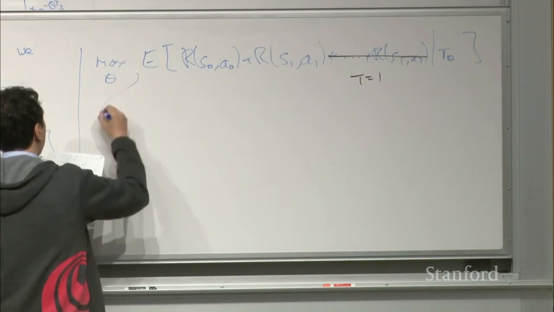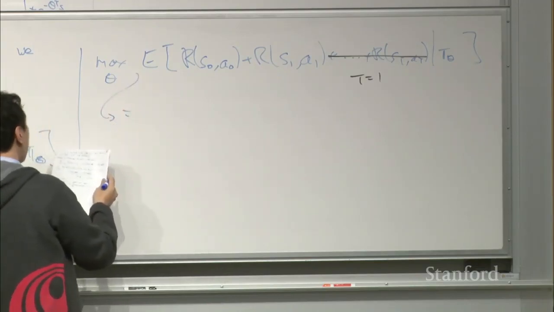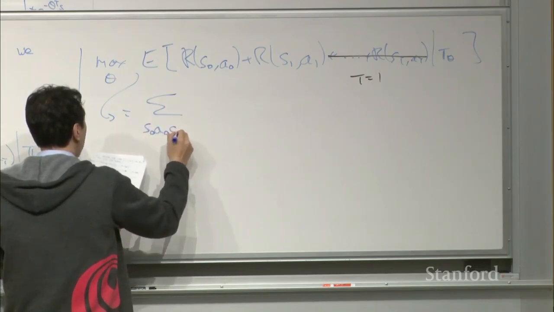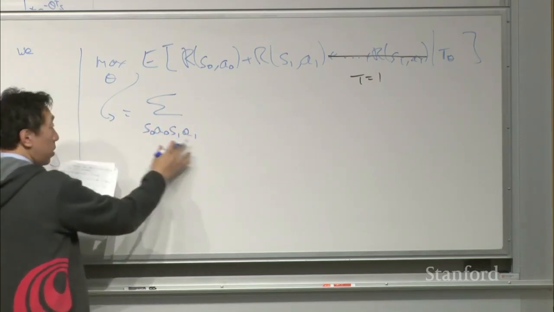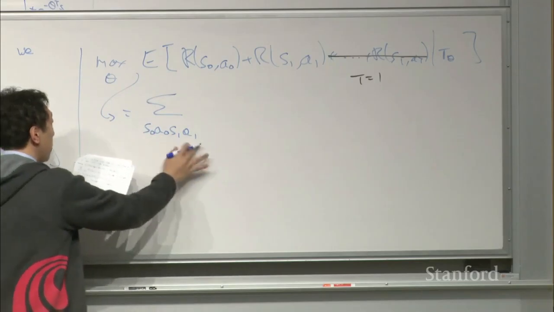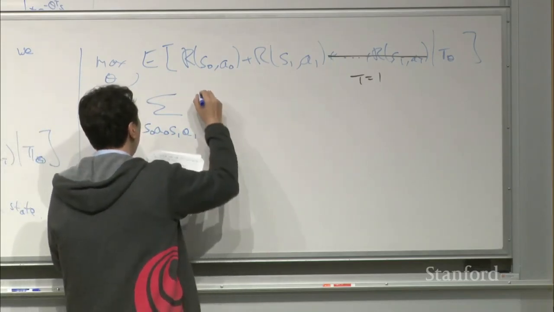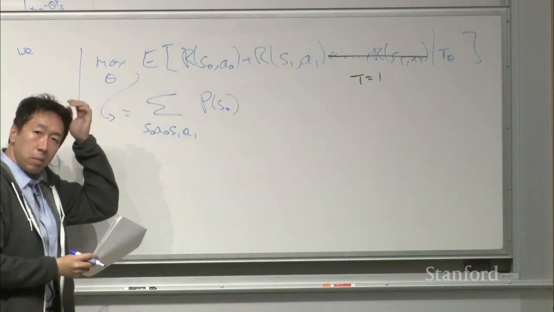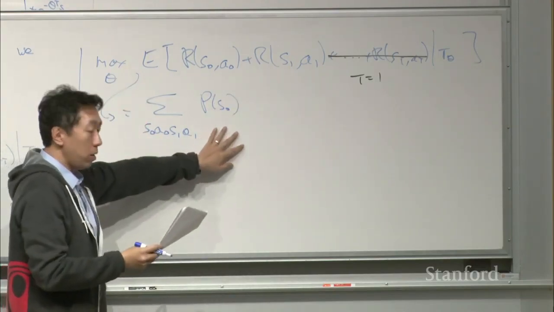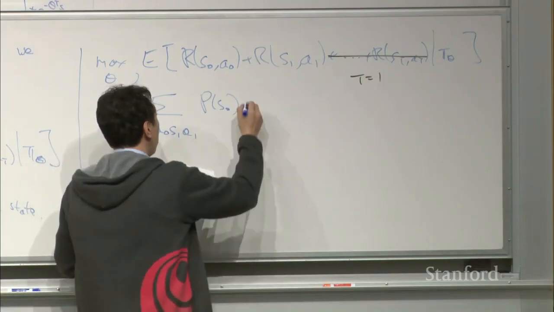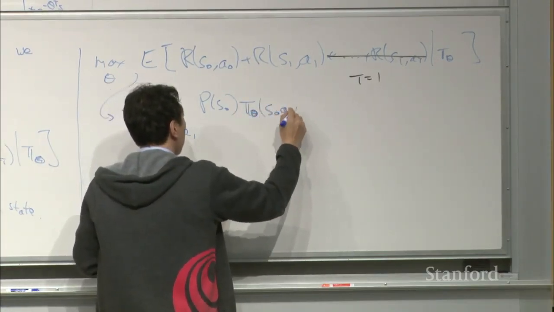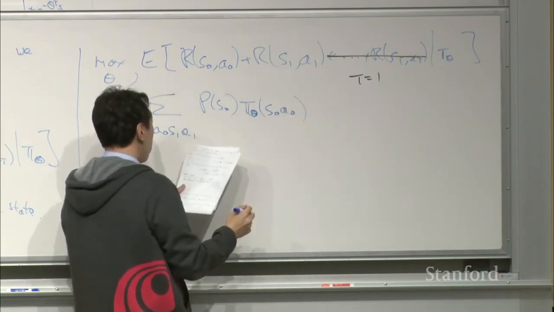Okay? And so this term here, the expectation, is equal to the sum over all possible state action sequences, right? And again, this would go up to ST and AT, but I'm going to set capital T equals 1, of what's the chance your MDP starts out in some state S0, so this is your initial state distribution, times the chance that in that state you take the first action A0.